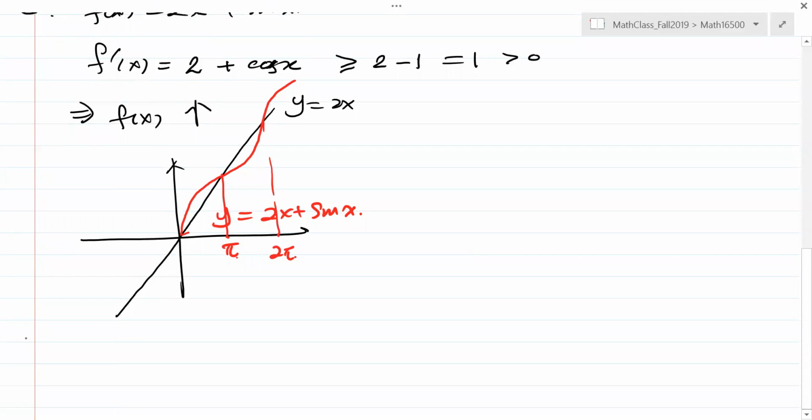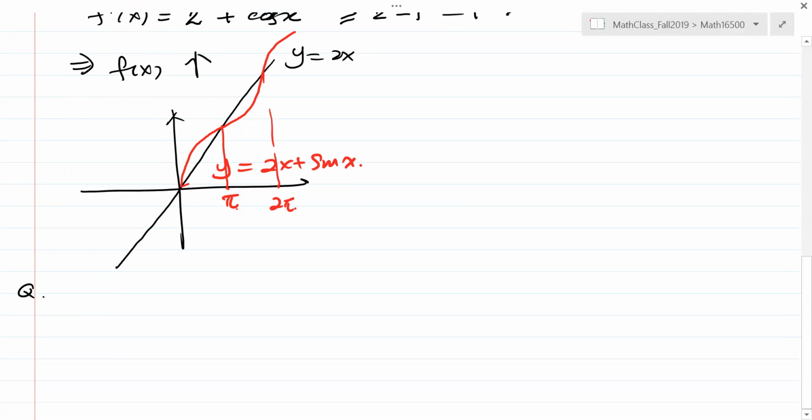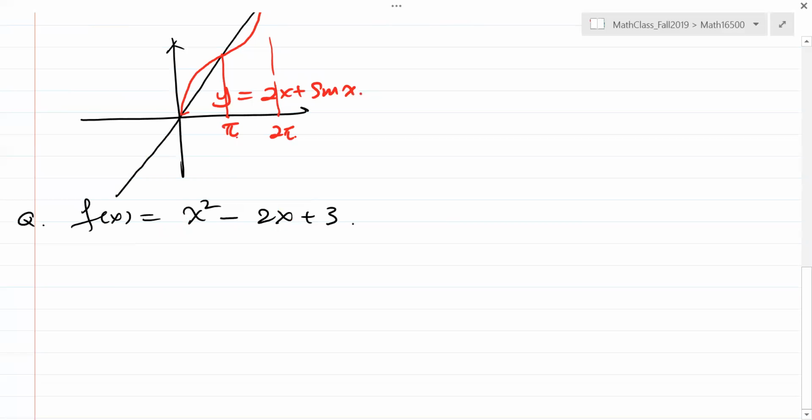Let's take a look at the next problem. We look at the function f of x equals x squared minus 2x plus 3. This is a quadratic function, and I know the graph, but we don't use the properties of a quadratic function.